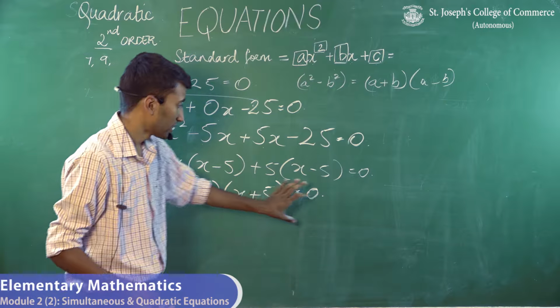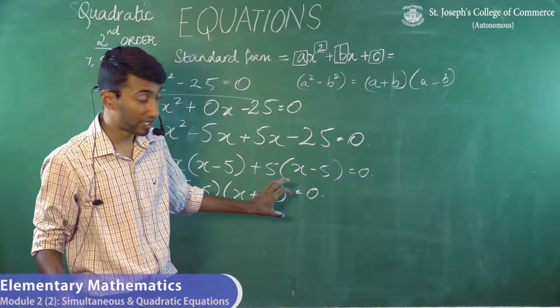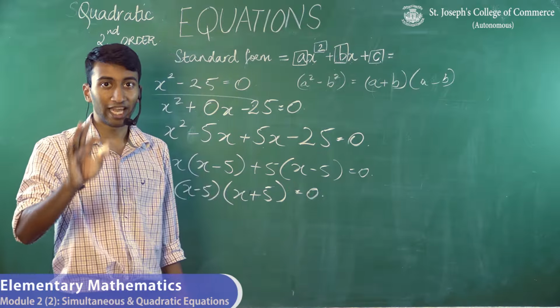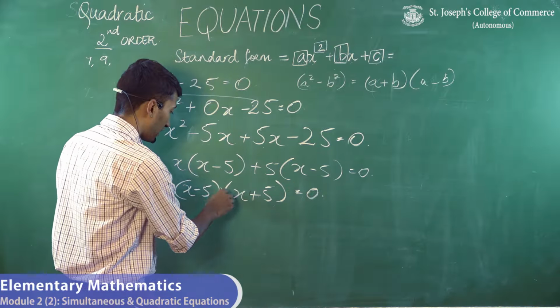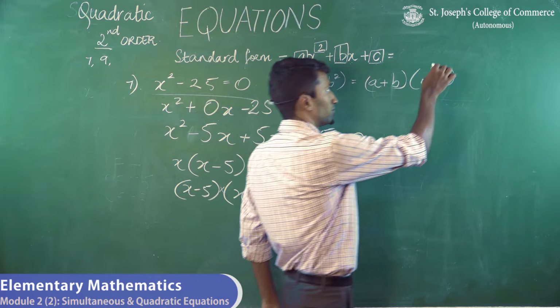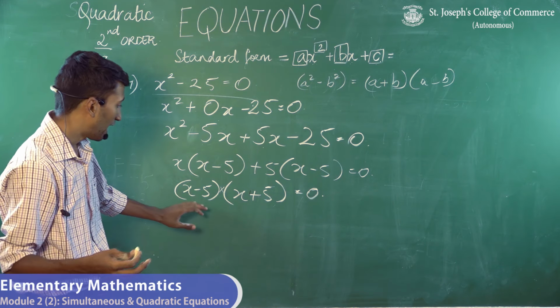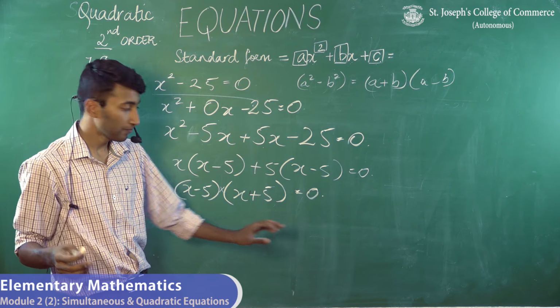Now from here, x minus 5 into x plus 5 is equal to 0. So that means since both are multiplied, either one should be 0. Anything multiplied by 0 is 0. So either one of these should be equal to 0.